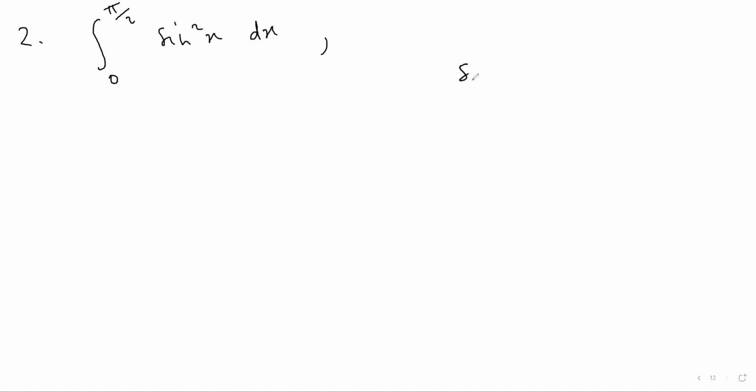We go and look and we see a trigonometric identity that looks like this: sine squared x is equal to 1/2 minus 1/2 cos 2x. So you go to the formula sheet and you find this identity.